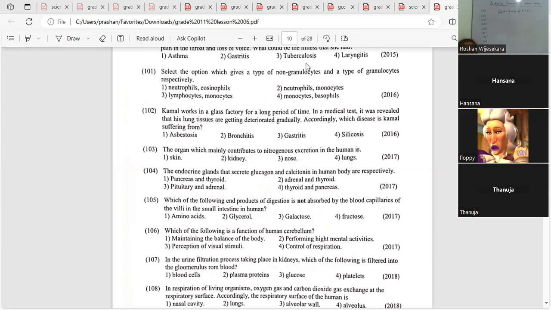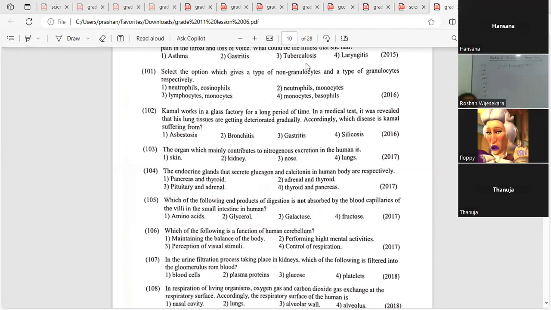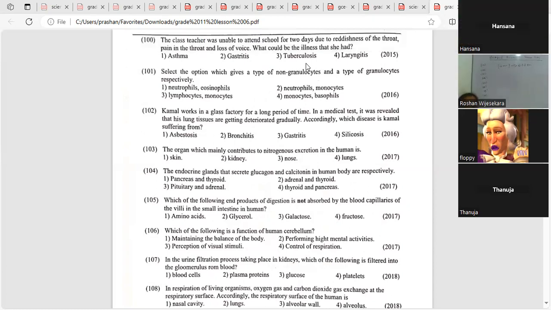Okay, Rinomi and Saitavi already finished. Vansana also finished.